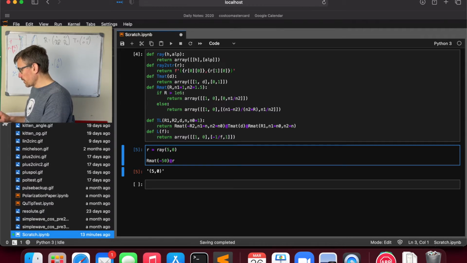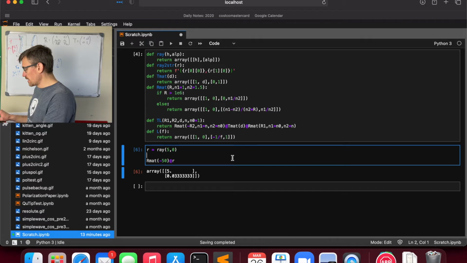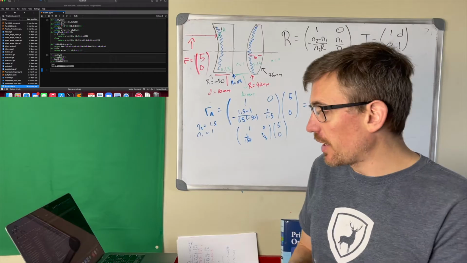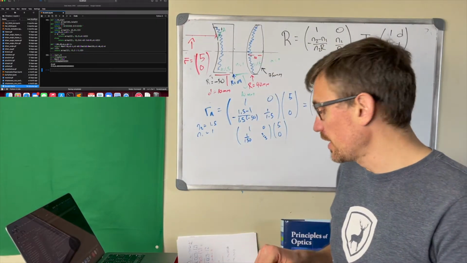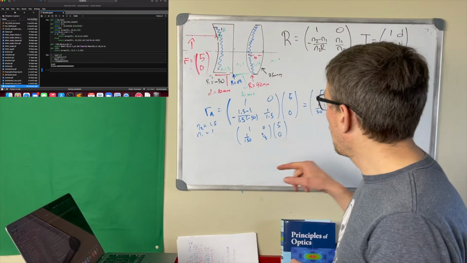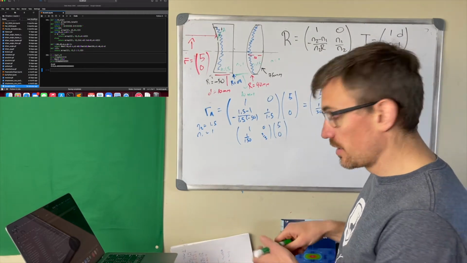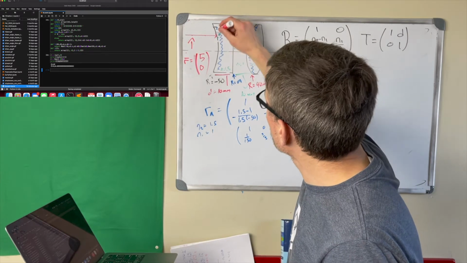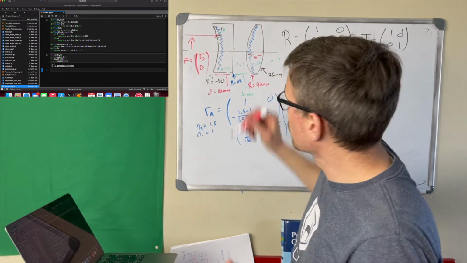And that's what it's going to return. So that is 5. And why don't I just print this out? Okay. So that's our new thing. We're tilted up slightly by 1.33. And so we're going to have a slight tilt of this ray. Not very much, but a little bit, pointing upwards as it goes through this surface here.